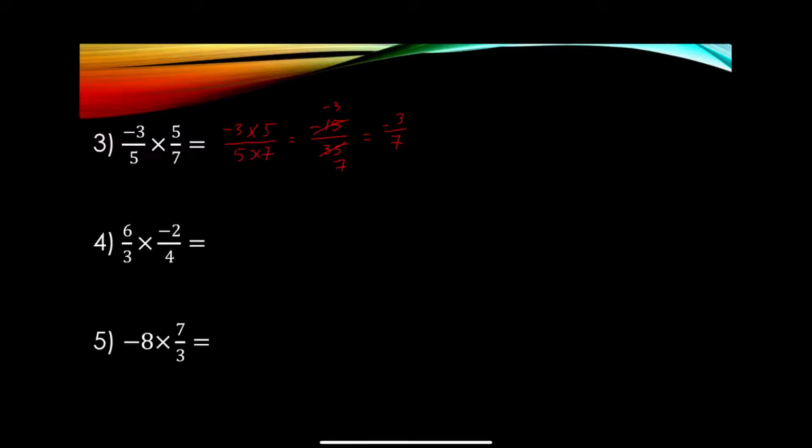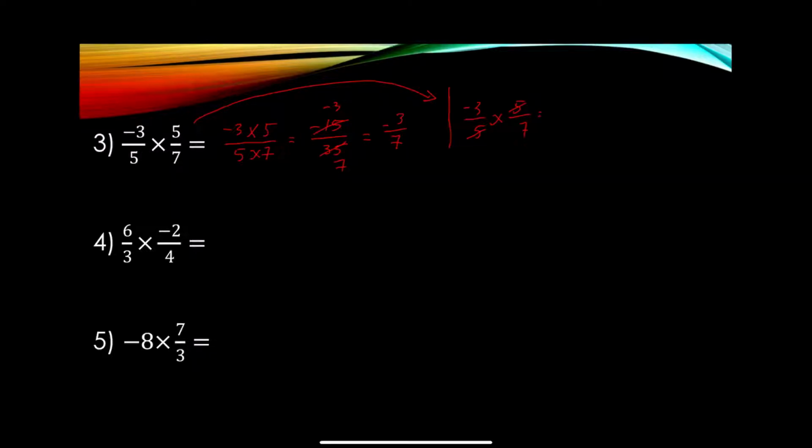Actually, from the beginning, we can do the following. The question is negative 3 over 5 times 5 over 7. If you have such a case, you can cancel this and this. Why?